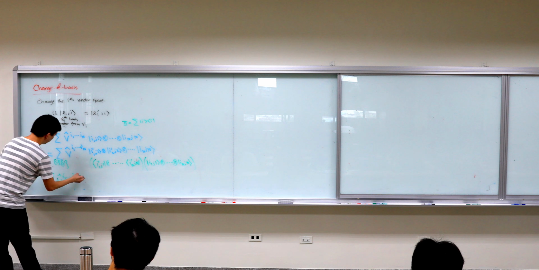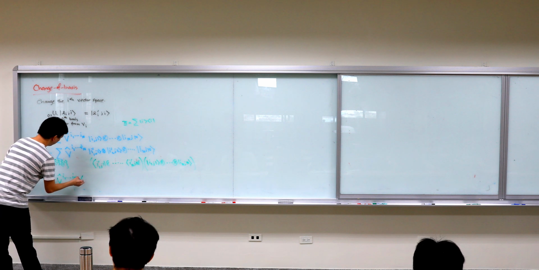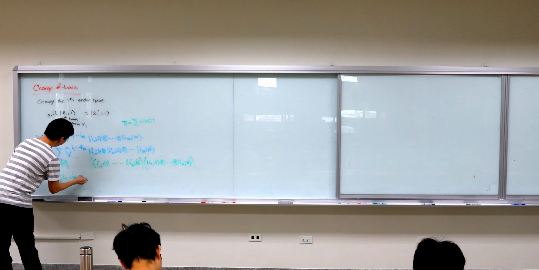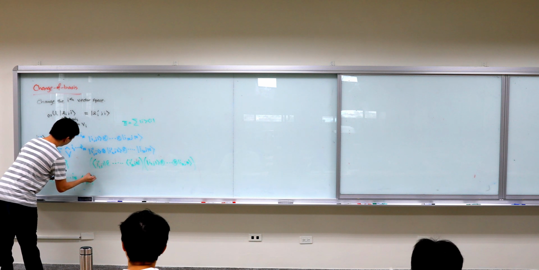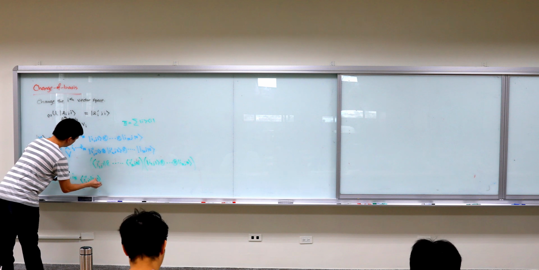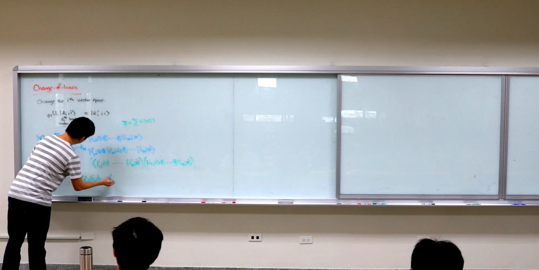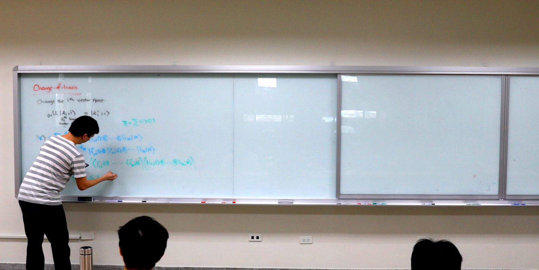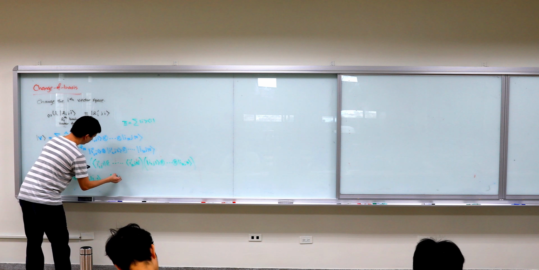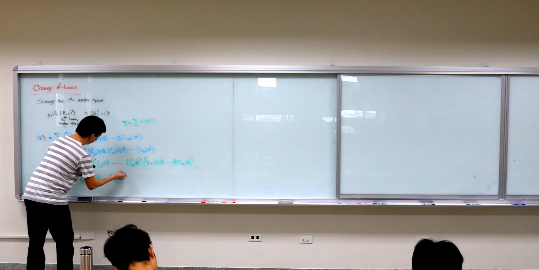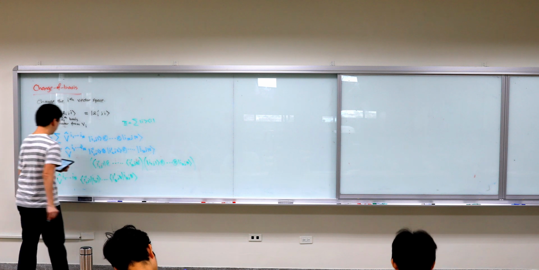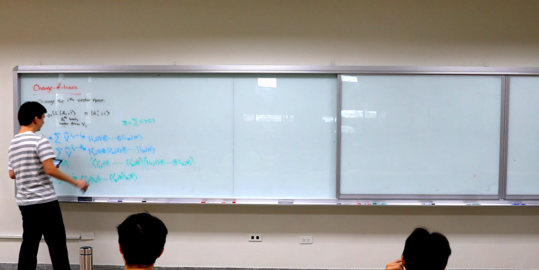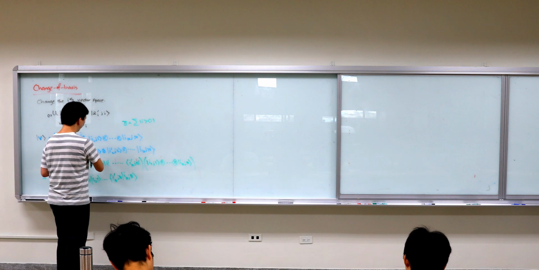So I get i prime 1 acting on i1, all the way to i prime n acting on iN. And then the basis vectors are now the new ones over here.